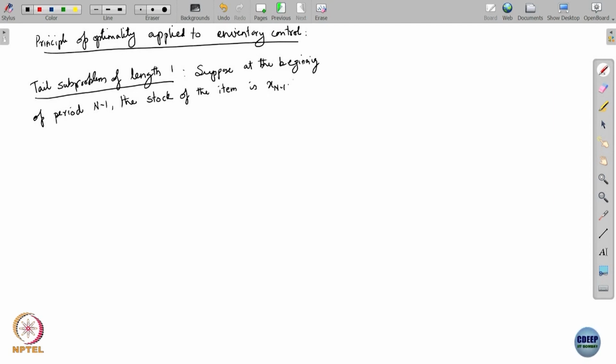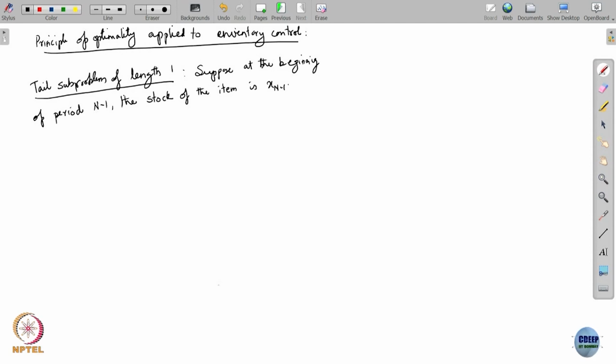Okay. Now clearly, it does not matter what has happened in the past, the inventory manager should now order the amount of inventory that minimizes the cost that starts from time instant n minus 1 till the very end. So, what is the cost then?